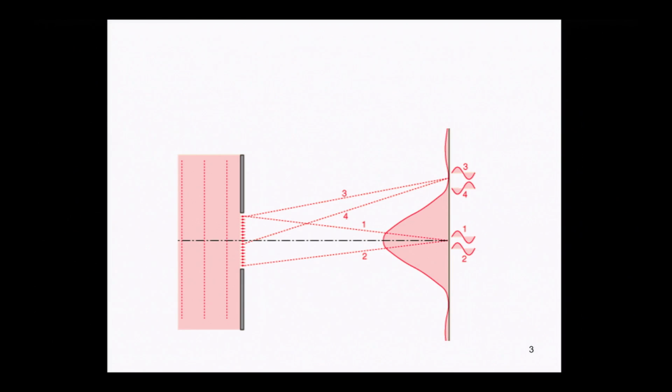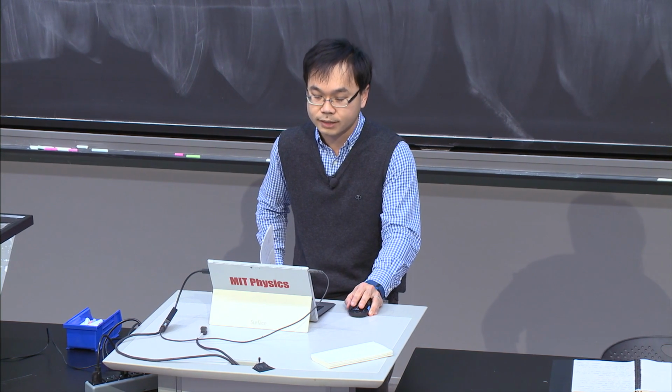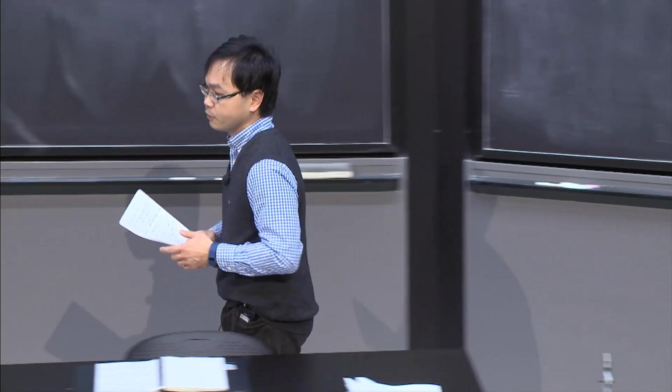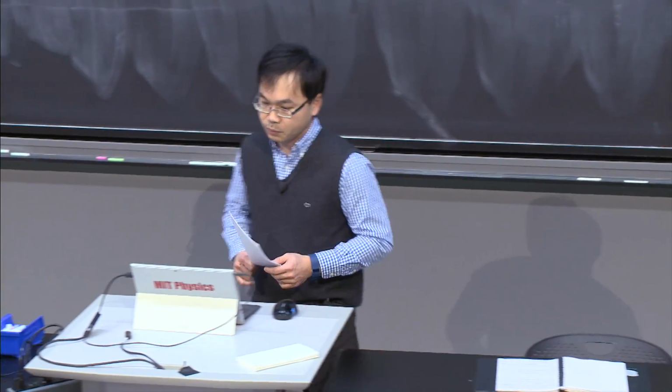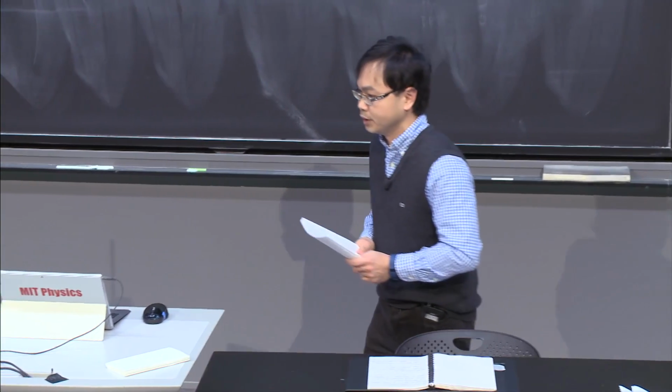So you see an interesting pattern, which has a central peak, where total constructive interference happens at the center of the screen, and at some point you have a dip, where total destructive interference happens. We were able to understand this with mathematics, which we learned from 8.03.